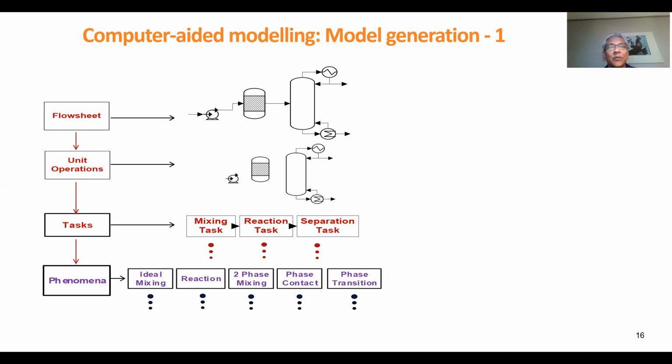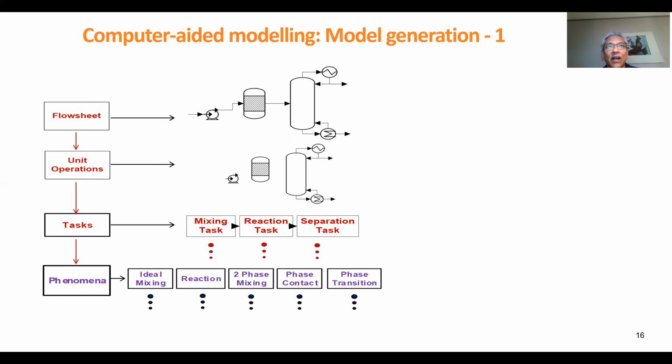And we can keep on reducing the scale until we have reached the end. Once we have reached the end, then we can say that for reaction, we take a reaction model. Two-phase mixing, we take a two-phase mixing model. Ideal mixing, we take an ideal mixing model. And then these would be our phenomena models.